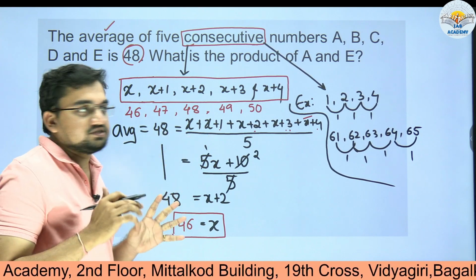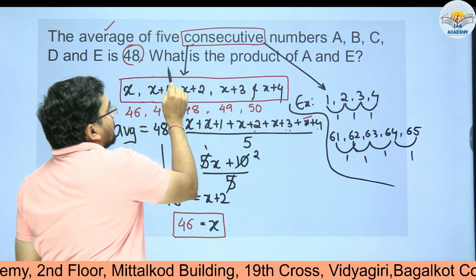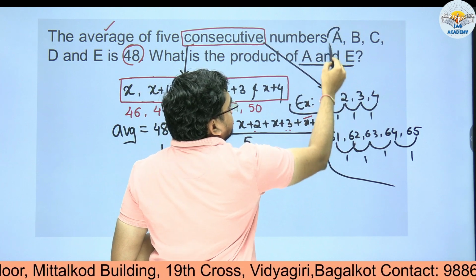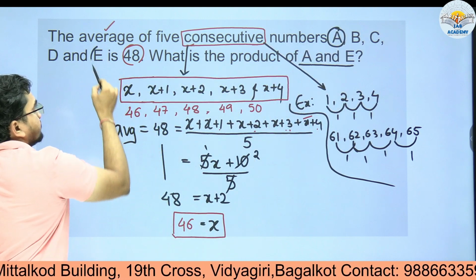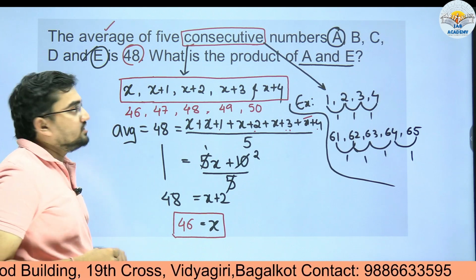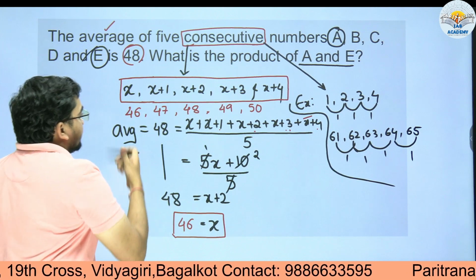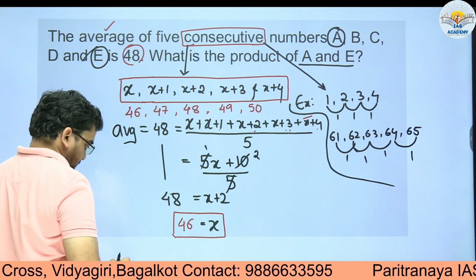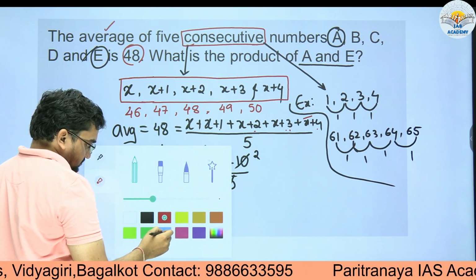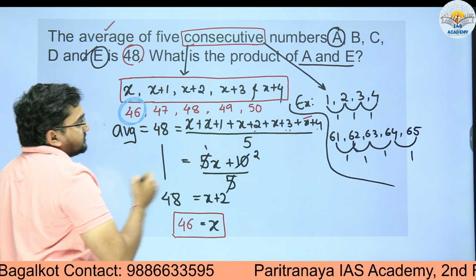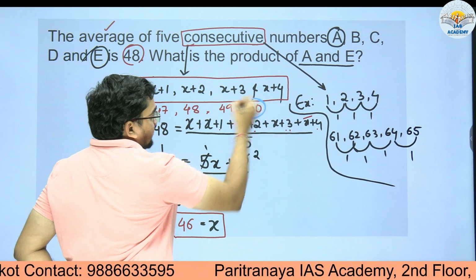Now we have found the series. The question is: what is the product of A and E? A is the first one and E is the last one. So here 46 and 50 are the first and last.